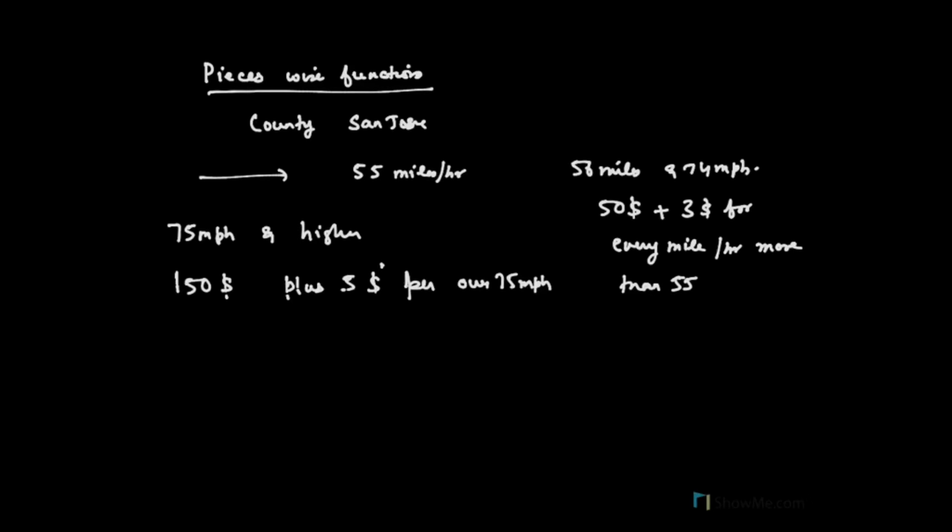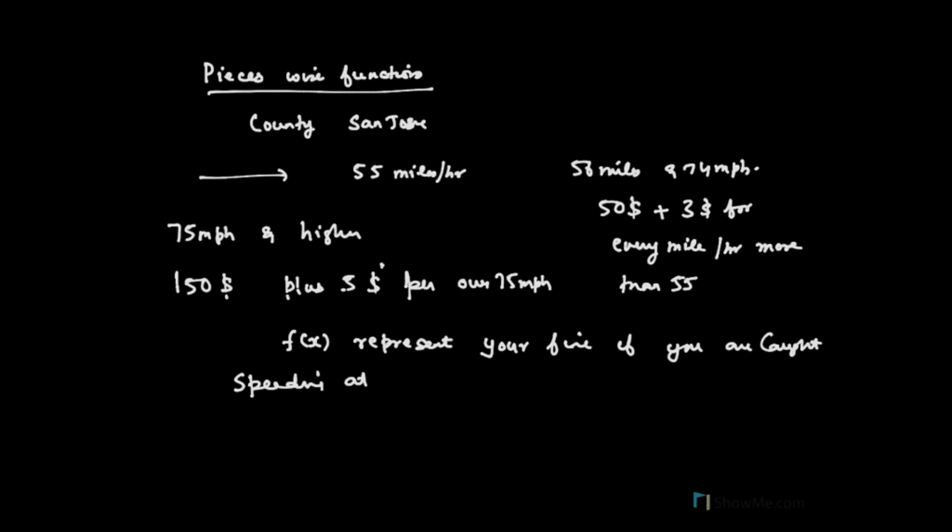Imagine you want to convert this to a function. So this is going to be a piecewise function. You're going to say, let f of x represent your fine. Imagine f of x is your fine if you are caught speeding at x miles per hour.